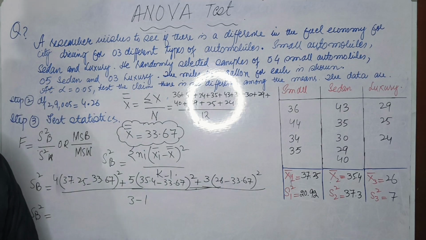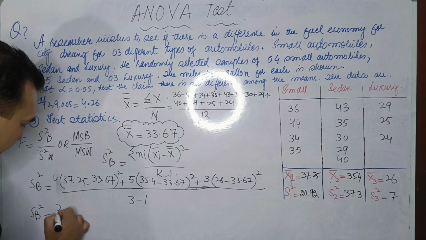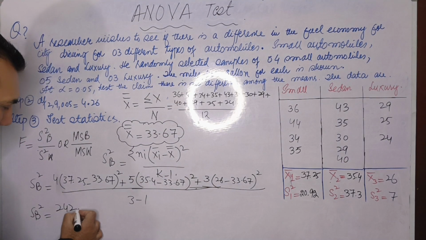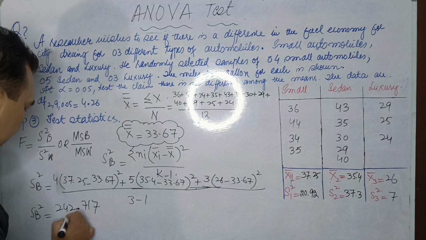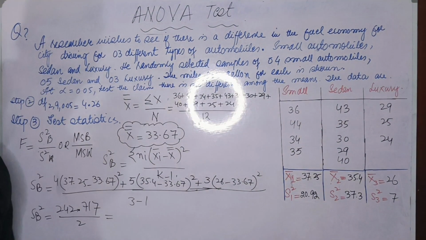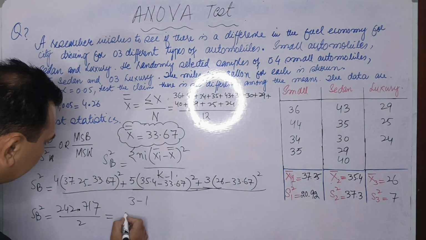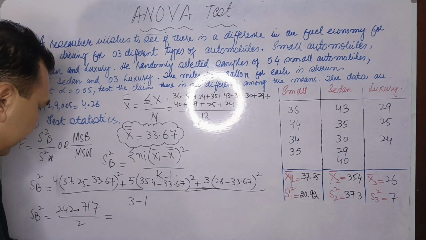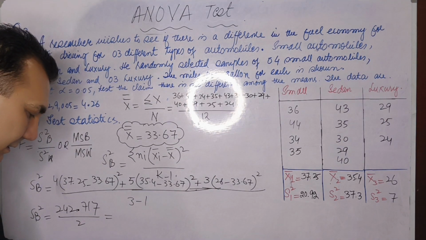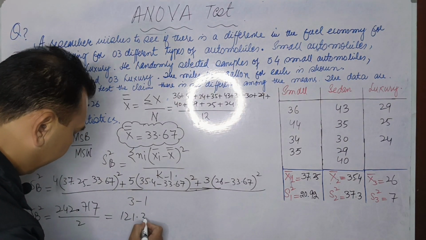After the multiplication of these values, it comes up to around 242.7117, divided by 2. So s_B square is 242.717 divided by 2, which comes up to 121.358.